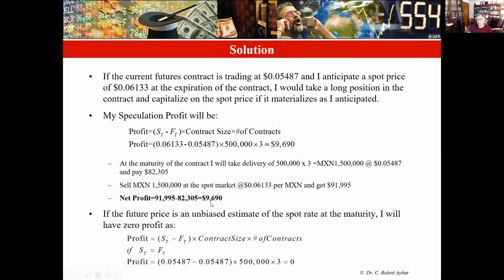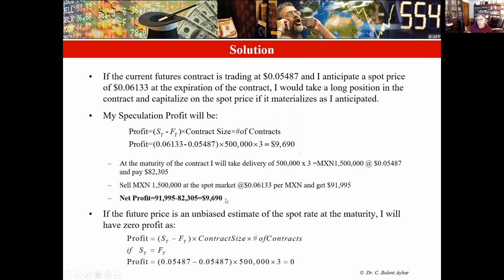My net profit will be $9,690. This creates a sort of speculation profit of $9,690. Obviously, if the spot price turns out to be something lower, then I would lose money. So there's a chance that I can lose in this case. That's why we call it speculation.